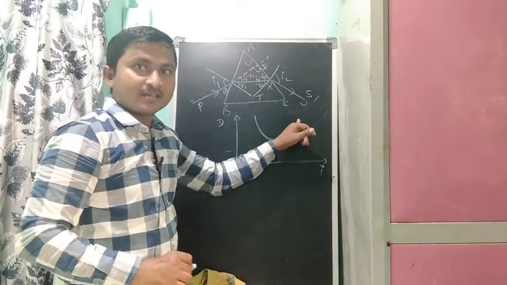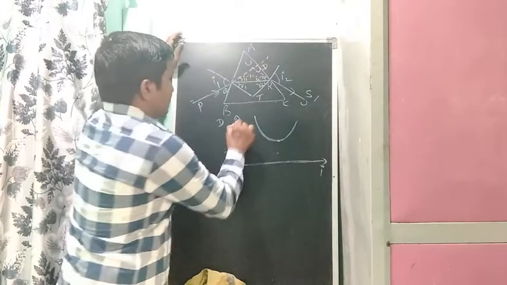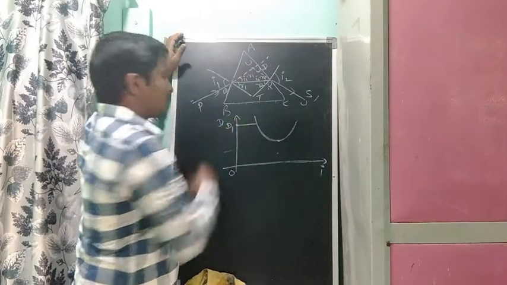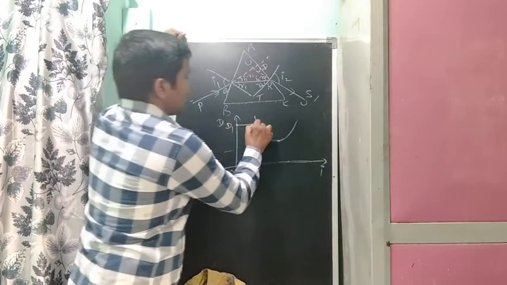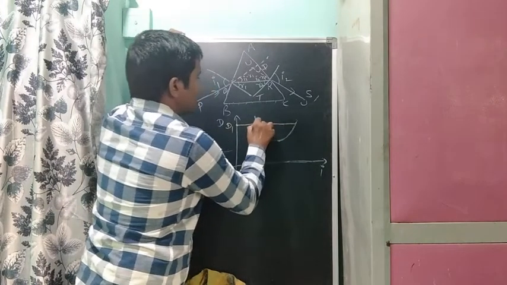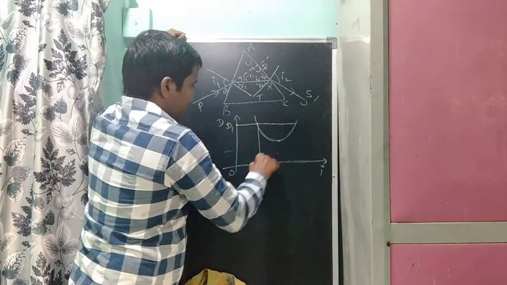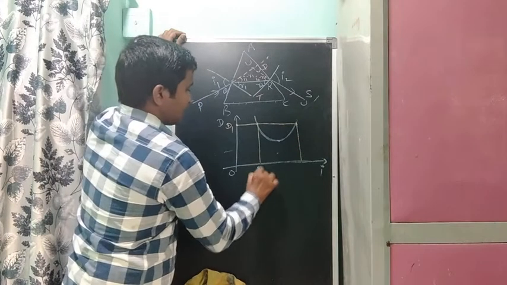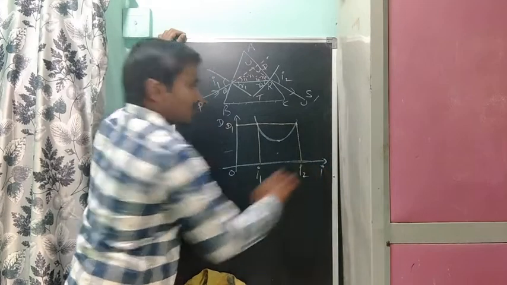Now, if you draw a horizontal line for a particular angle of deviation, this horizontal line intersects the curve at 2 points. If you draw the normals from those points onto the x-axis, we get I1 and I2, 2 angles of incidence.